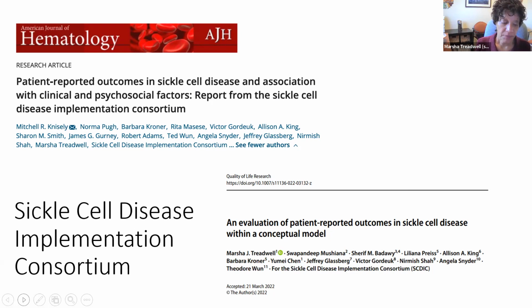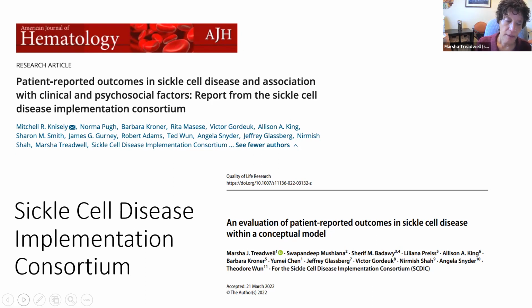The consortium established a registry. It consists of 8 sites around the US, and the registry examined factors related to patient-reported outcomes for now the largest contemporary cohort of adults with sickle cell disease.